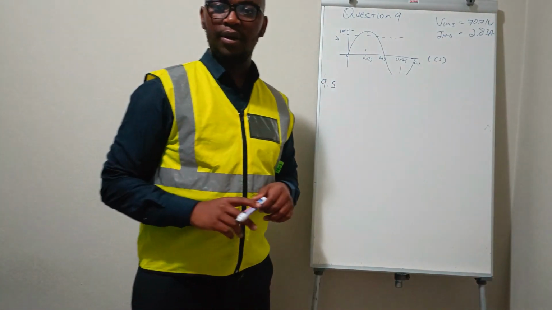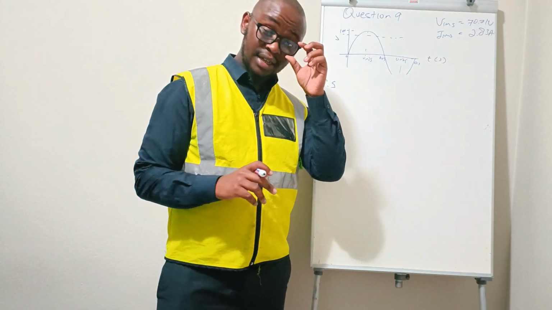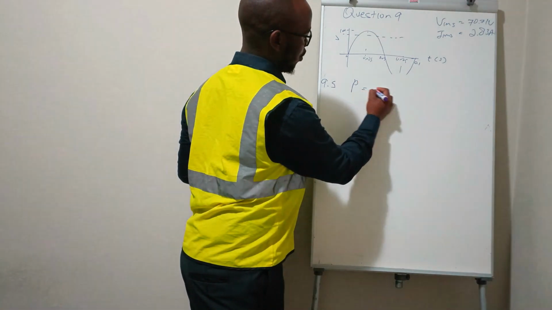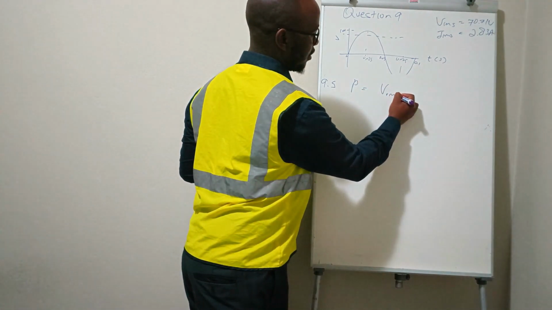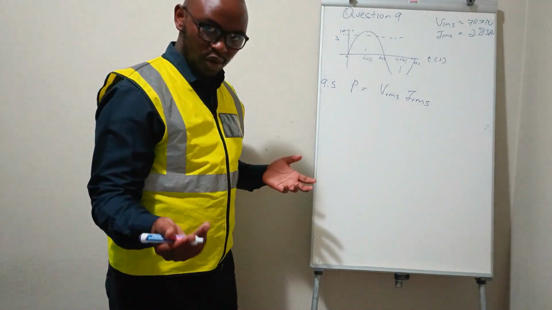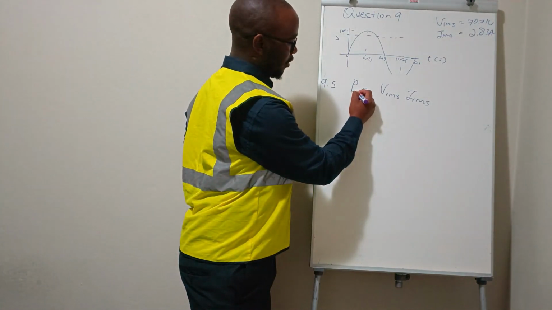Okay, so power is related to voltage and current through the formula: power is equal to VRMS times IRMS. There are three ways to calculate the average power.